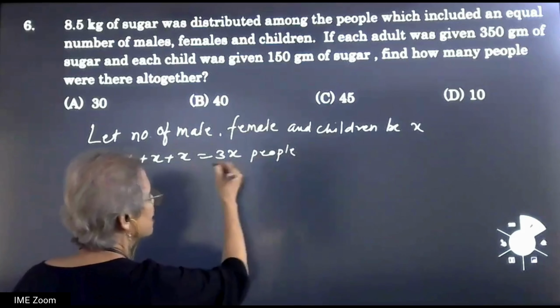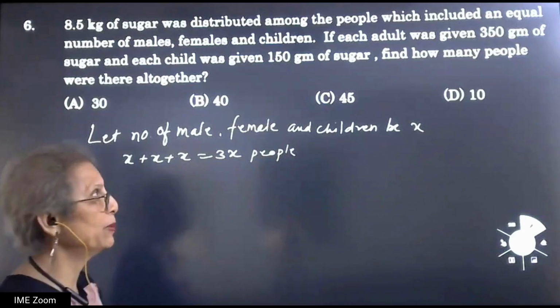We have to find this X multiplied by 3, so we'll get the number of people, right?